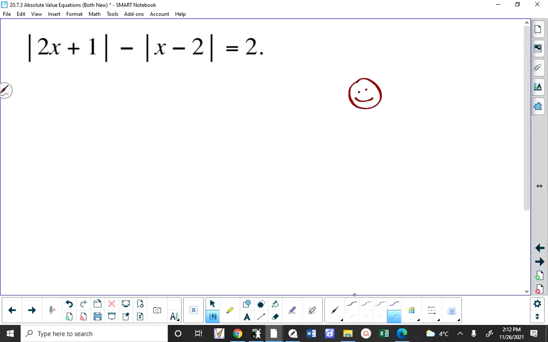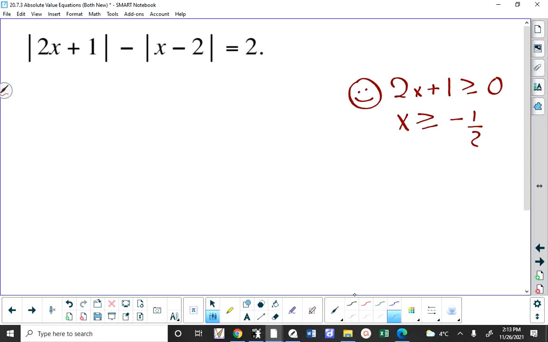I think this is a good conversation for us all to have. You say 2x plus 1 would be greater than or equal to 0 when x is greater than or equal to negative 1/2. Would you agree? Subtract 1, divide by 2. What does that mean?